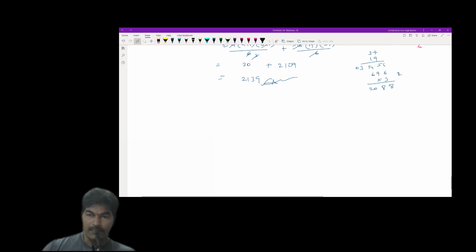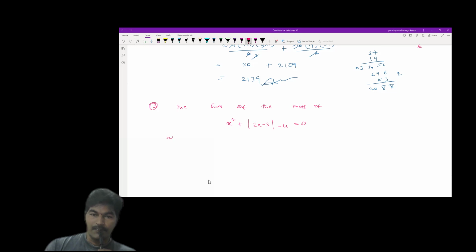The sum of the roots of the equation x square plus modulus 2x minus 3 minus 4 equal to 0 is.